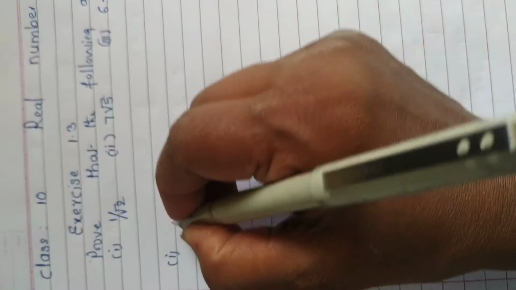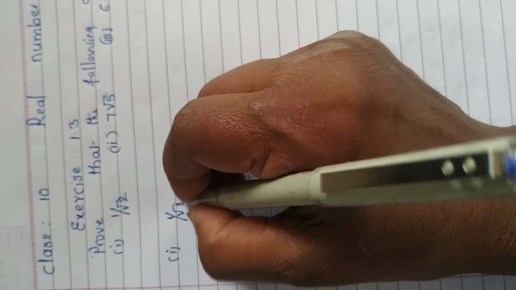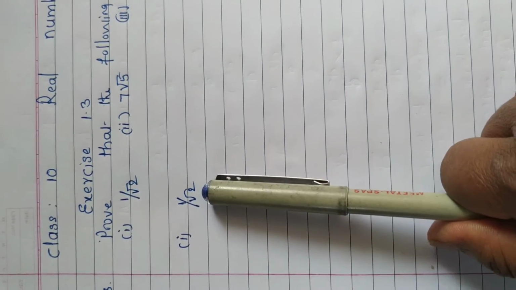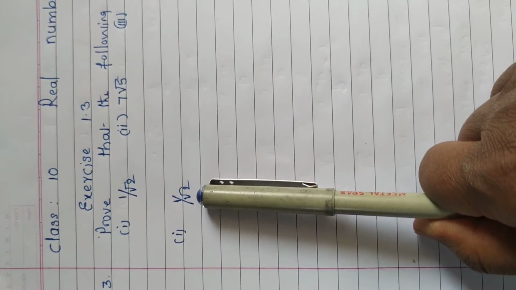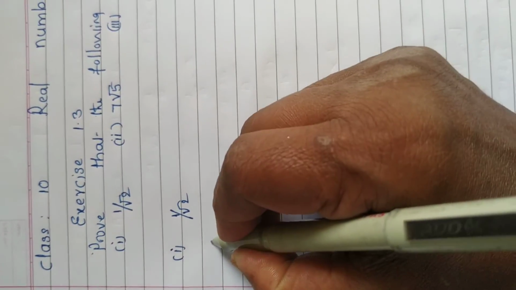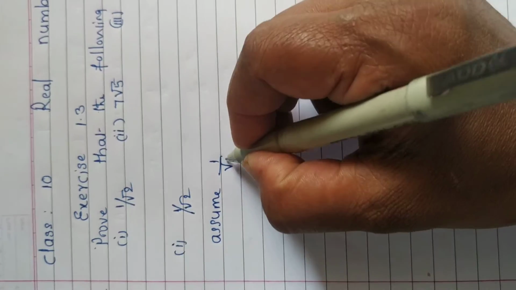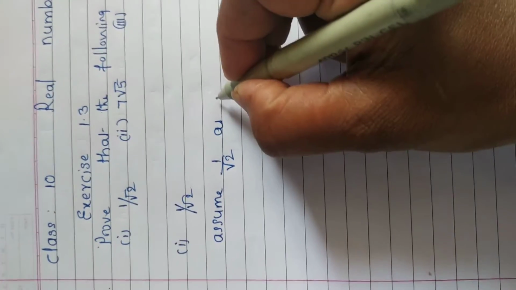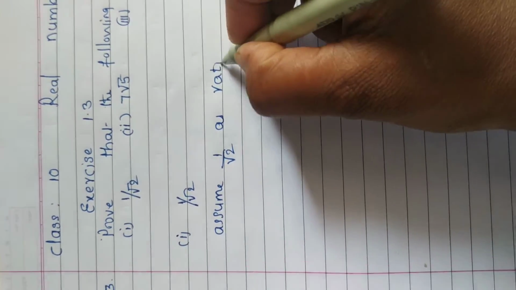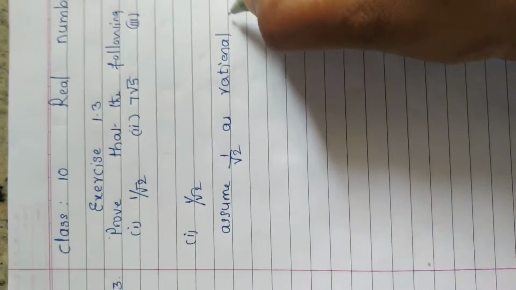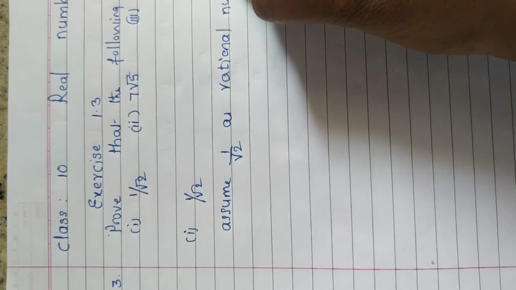First one, 1 by root 2. We need to prove 1 by root 2 is an irrational number. So we will assume 1 by root 2 is a rational number. This is our assumption.